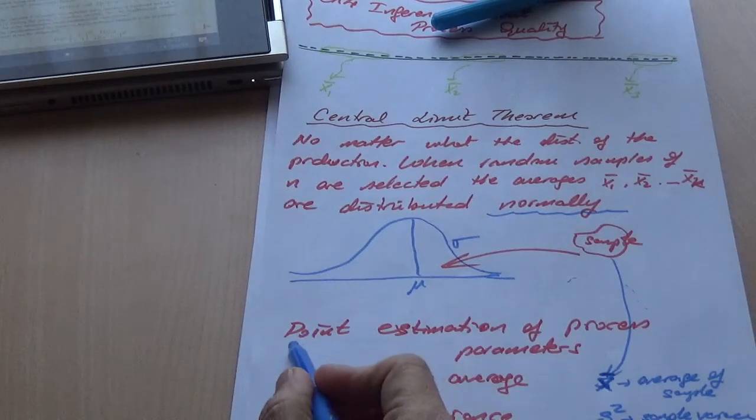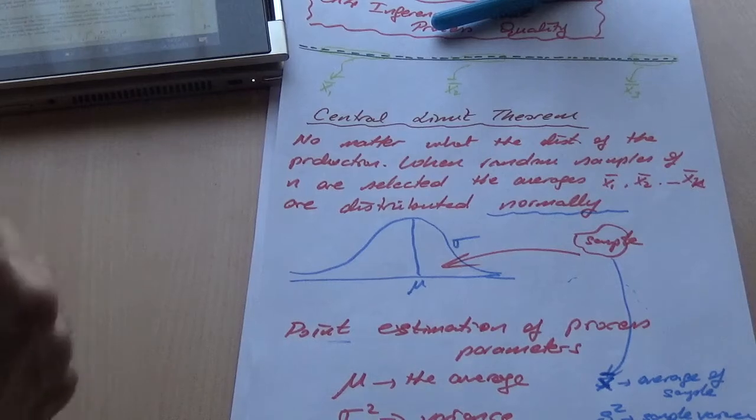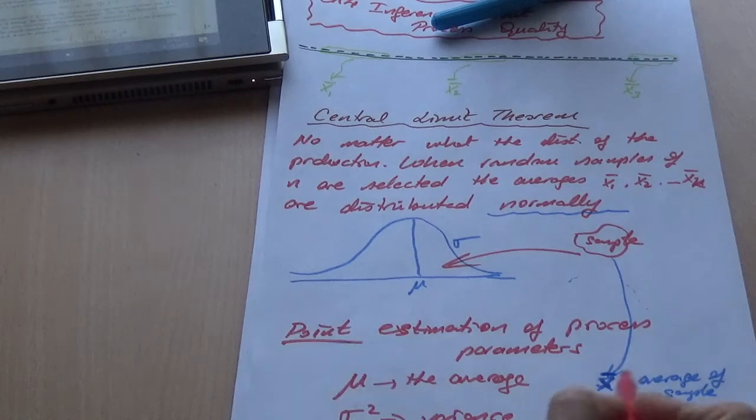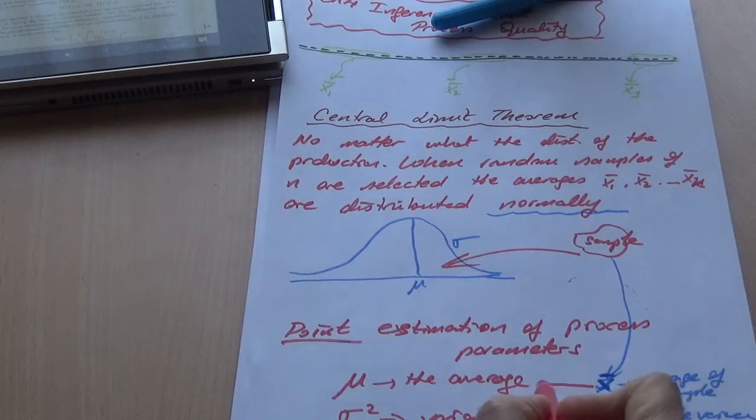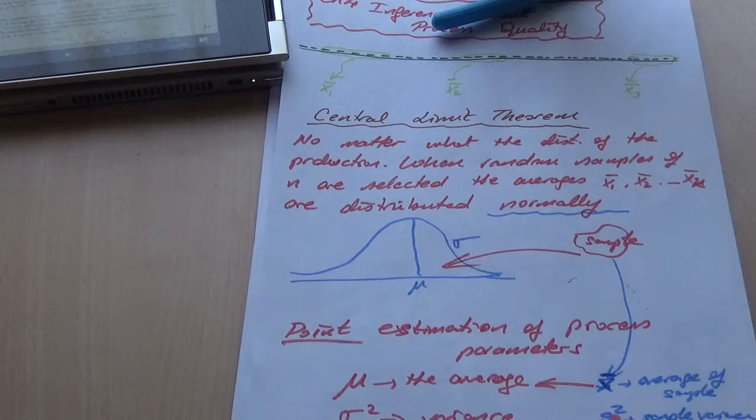So for point estimation, we just say that X bar is the point estimation of mu, and S square is the point estimation of sigma square, and S is the point estimation of sigma.